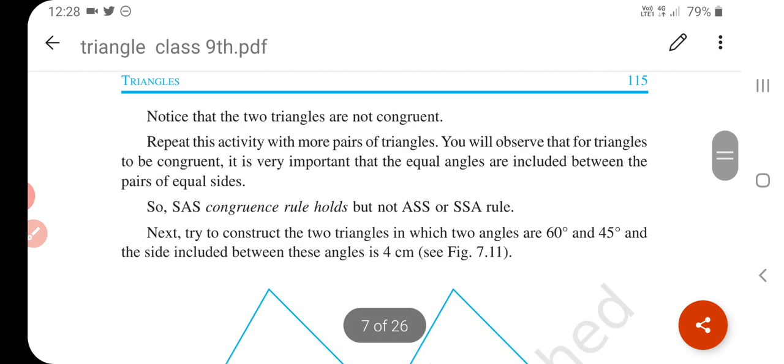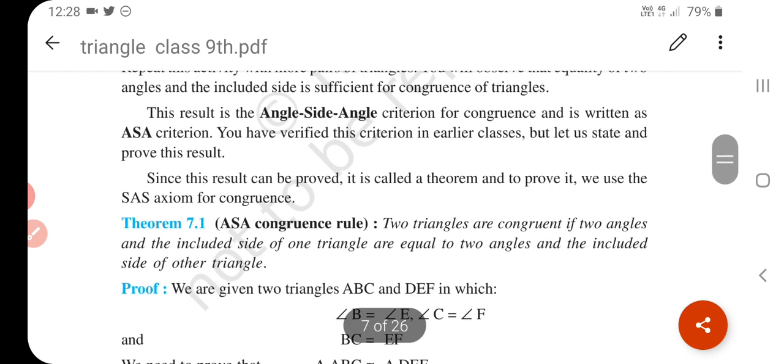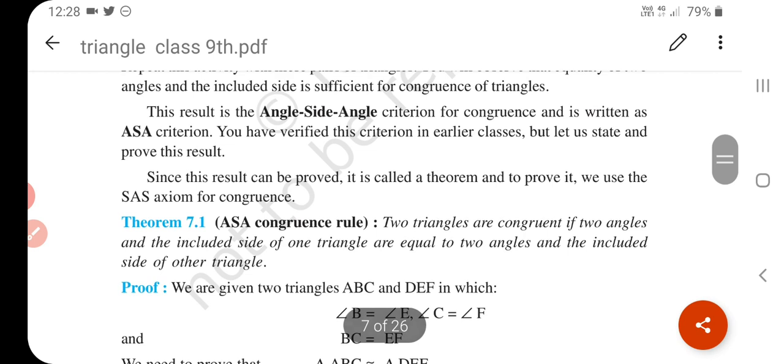Okay students, now if we talk about the second congruency rule, or Theorem 7.1, it tells us the ASA congruence rule. Two triangles are congruent if two angles and the included side of one triangle are equal to two angles and the included side of the other triangle.